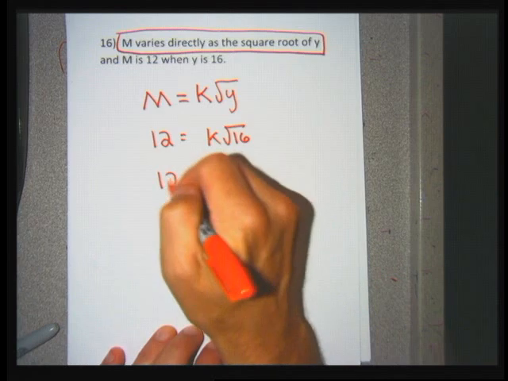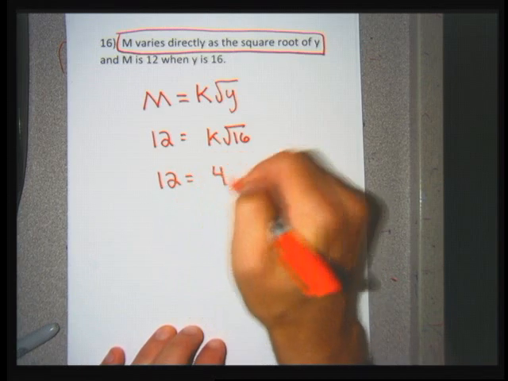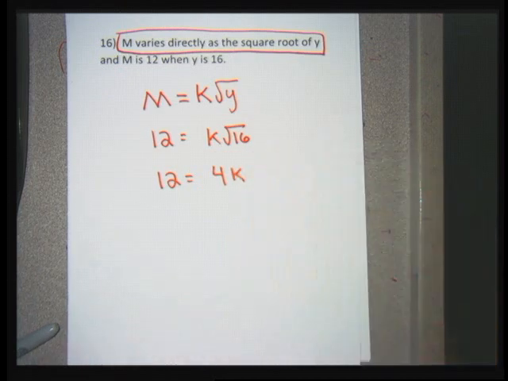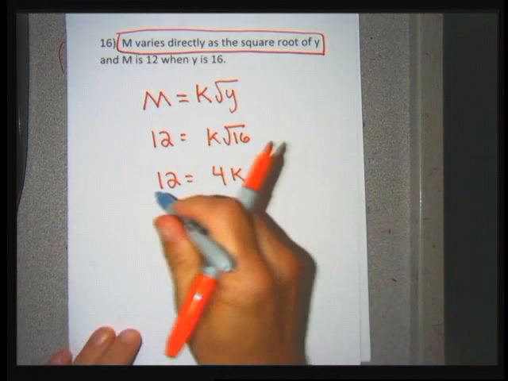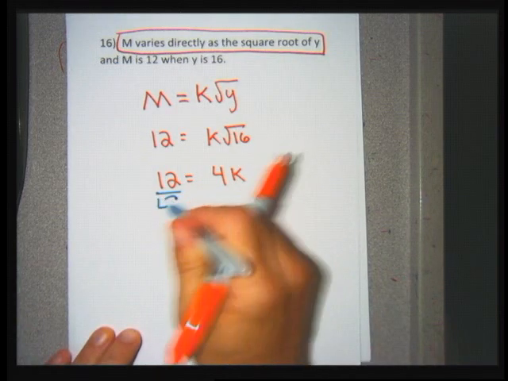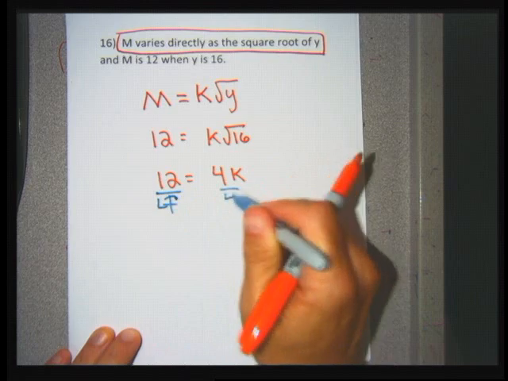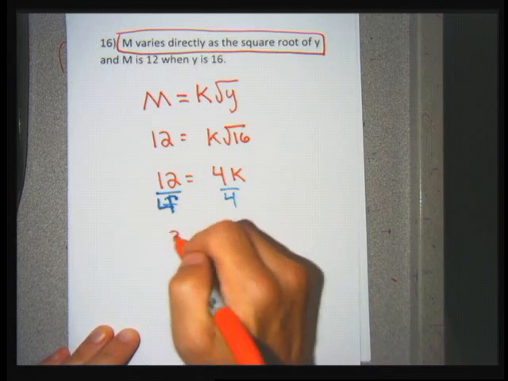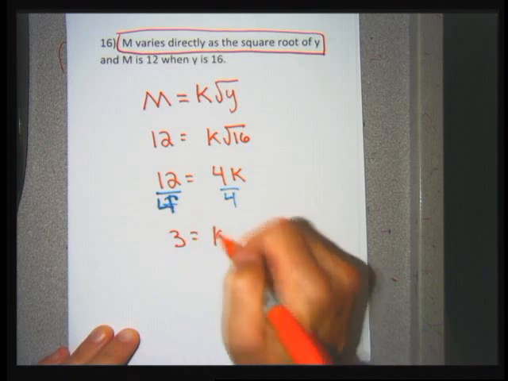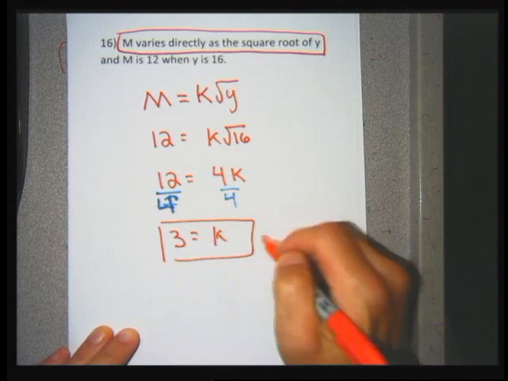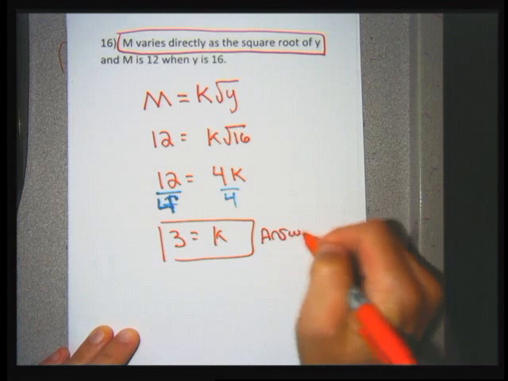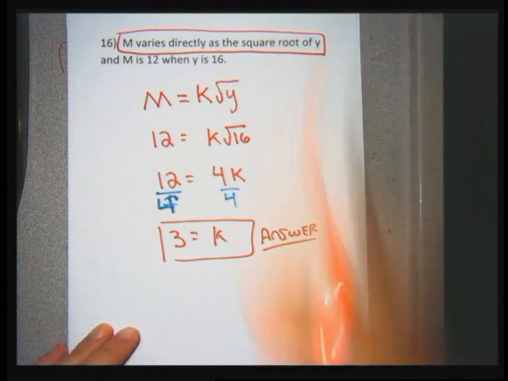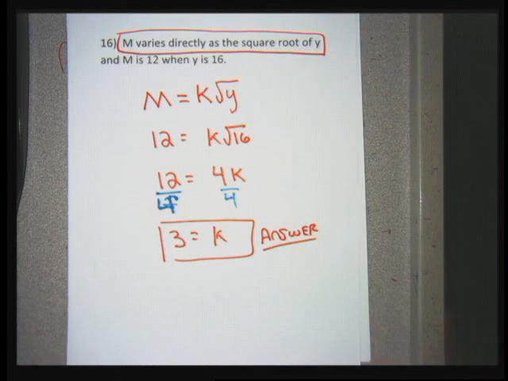I'm going to rewrite this as 12 equals 4K rather than writing K times 4, which would look kind of odd. Divide both sides by 4. On the left side, when I divide by 4, I get 12 over 4, which is 3. On the right side, the 4's cancel, and I get K. The answer to this problem, what's asked for, is the value of K that fits the problem, and the answer is K equal to 3.